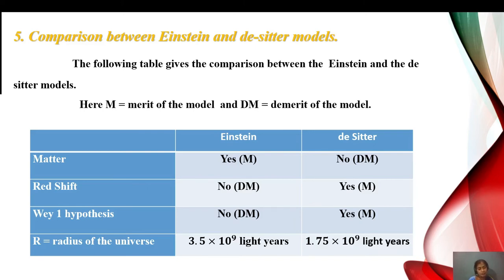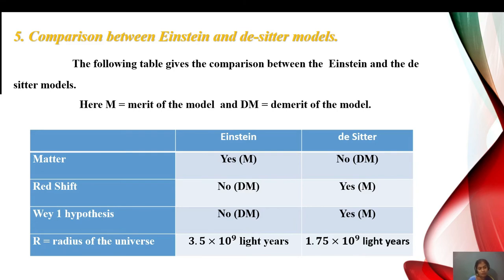Okay, redshift: Einstein said no redshift will be formed, but de Sitter explains the Doppler shift, and the equation is also formed, that is the red shift as well as the violet shift, for lambda plus d lambda upon lambda greater than 0, a positive value. Red shift is the actual form that will be formed. Yes, it is the merit of this model, explained by de Sitter.